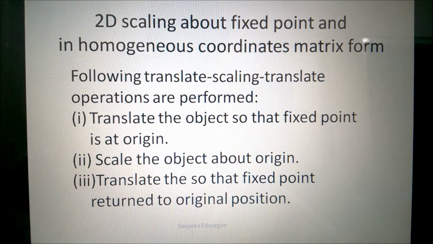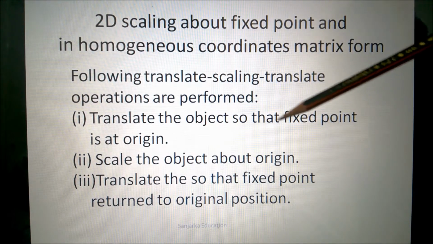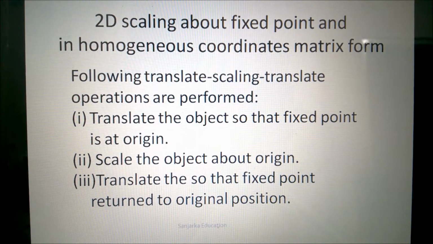Now I shall go for how you can express this in the homogeneous coordinate matrix form. In this case, the homogeneous matrix form will be a bit complicated. Here we have to have a procedure. First, translate the object so that the fixed point is the origin, and scale the object about the origin, then translate so that the fixed point returns to the original position.